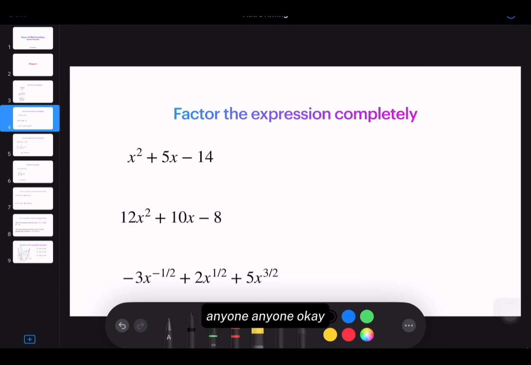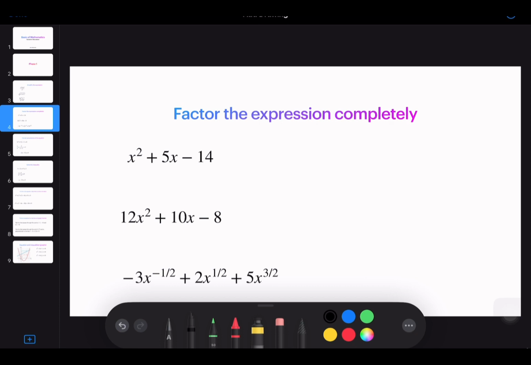Anyone? Anyone who can? Okay. Well, I don't know what I did with this. It's 3 over 2, then it's 2 over 2, it's just 3 over 2. Yeah, you need to factor out.